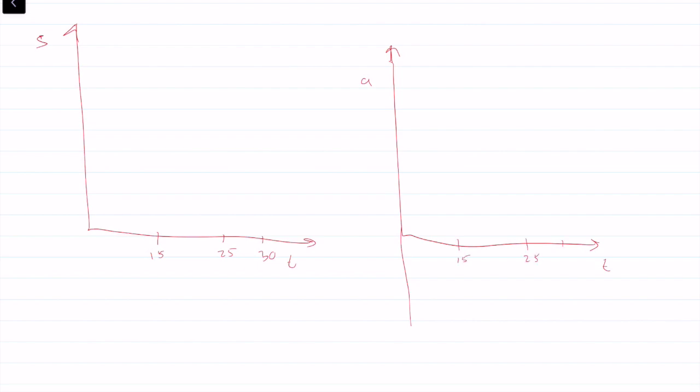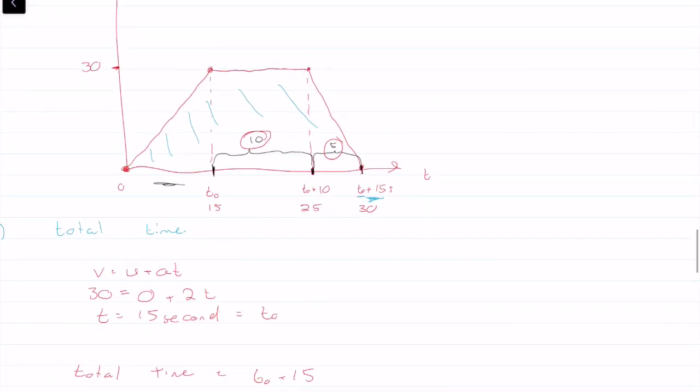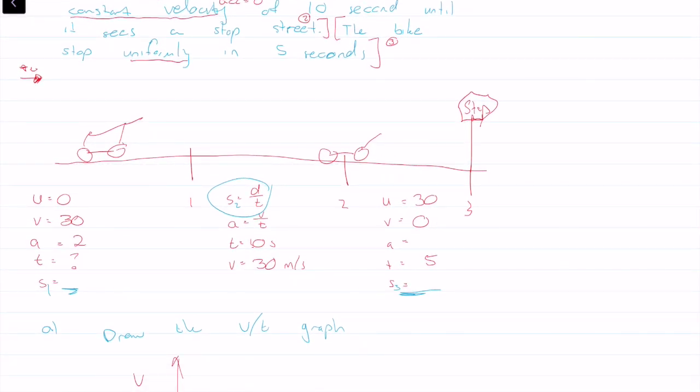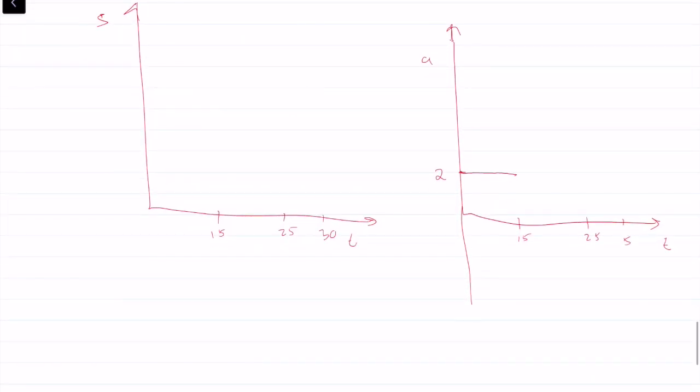For the first part, the acceleration is equal to 2, so we have a nice straight line right there. Then the next part, we already noted that there is constant velocity, so our acceleration is equal to 0, and so this drops to the 0 point, and we go straight across.